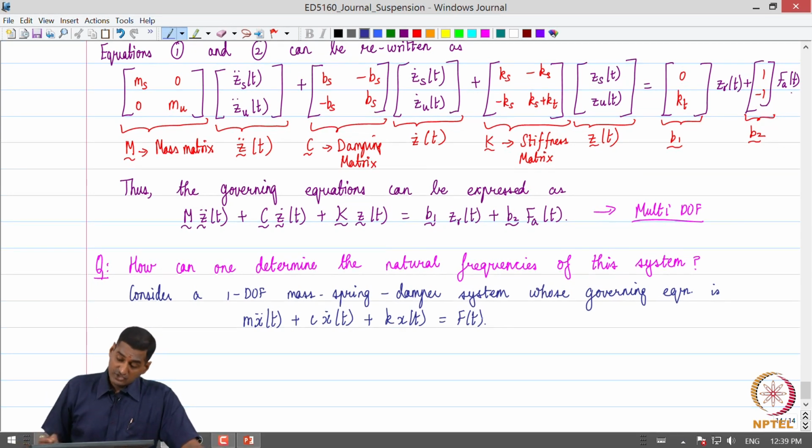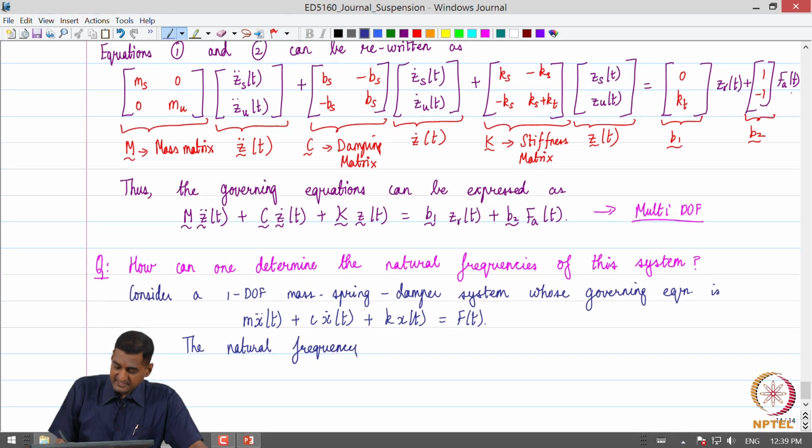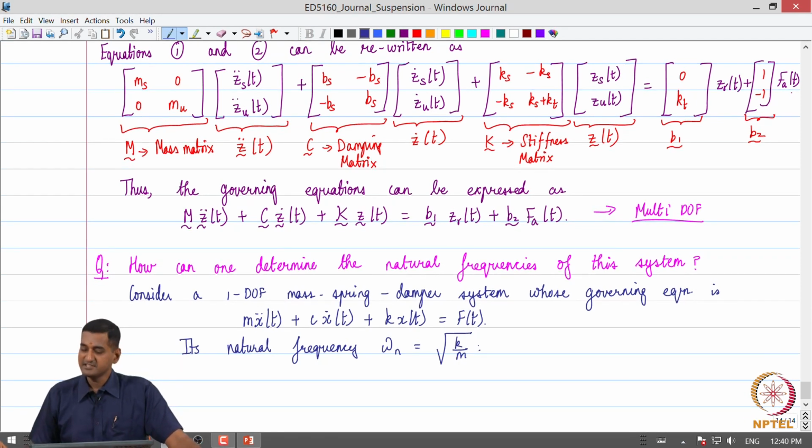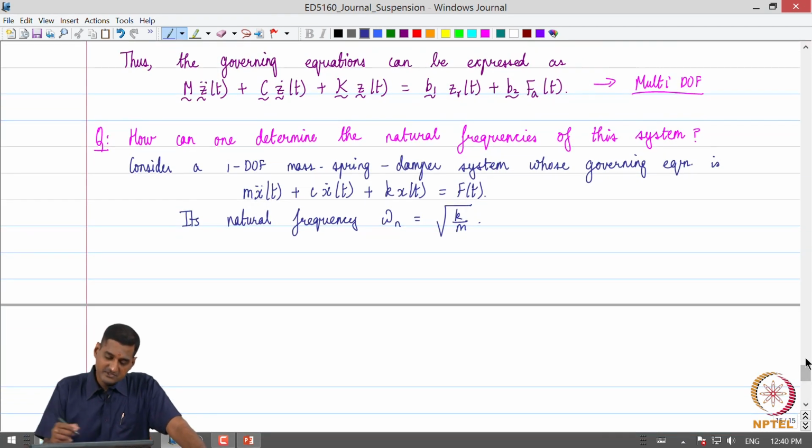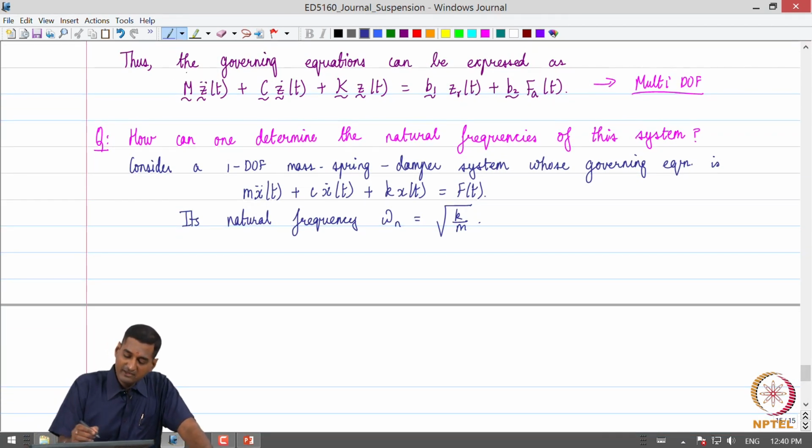Now what is the natural frequency of the system? Its natural frequency omega n, as all of us know, is going to be the square root of k by m. So, that is the answer for a 1 degree of freedom system. Now the question becomes, how do we do it for this multi degree of freedom system?